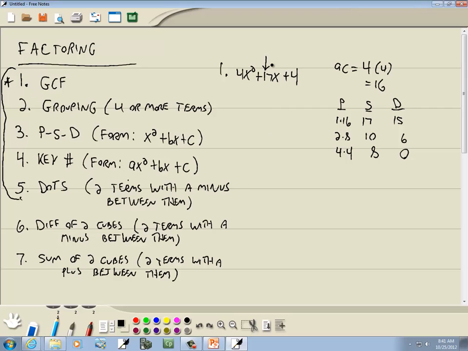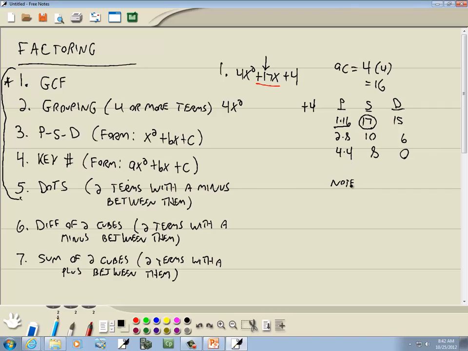Now the number we're looking for is the number in our middle term, which is 17, which means we're going to use 1 and 16. When I say we're going to use them, we'll rewrite our middle term, the 17x, using those two numbers.